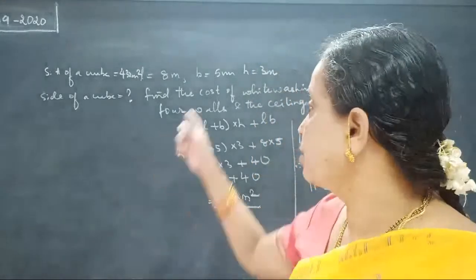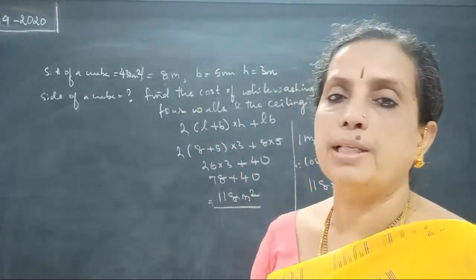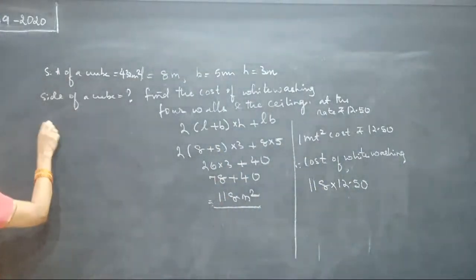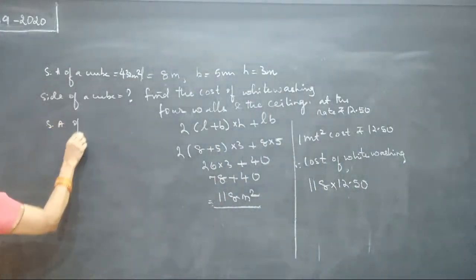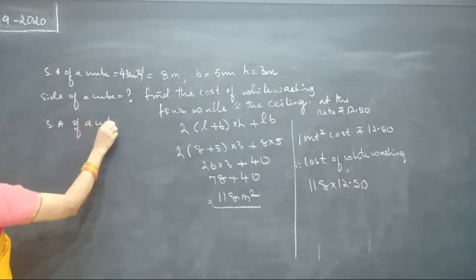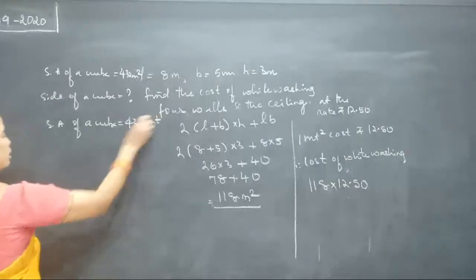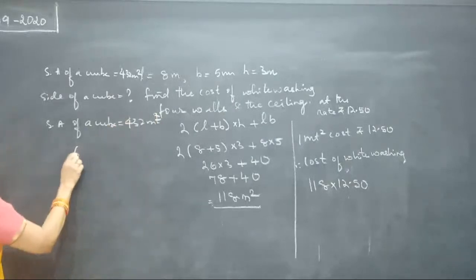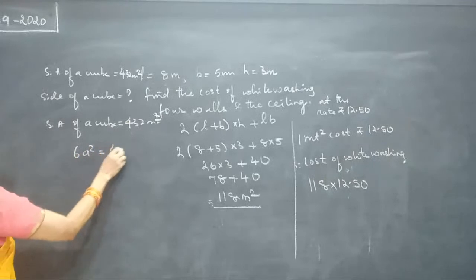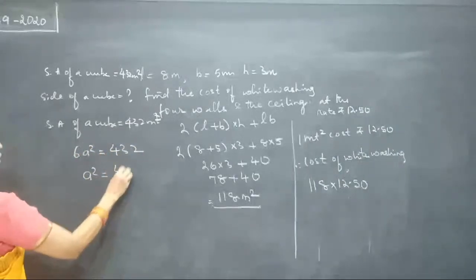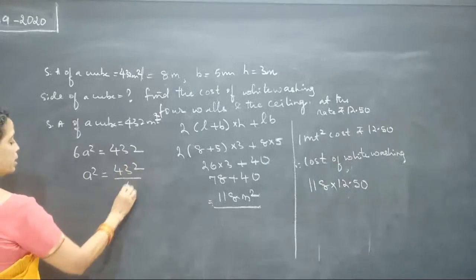So 6a square equals 432, and we have to find a square. That is 6a square equals 432, so a square equals 432 by 6.